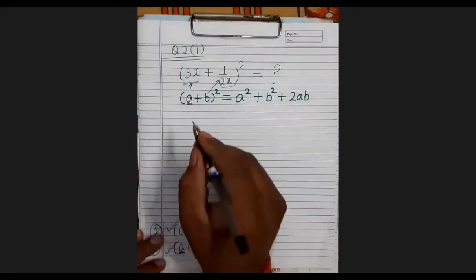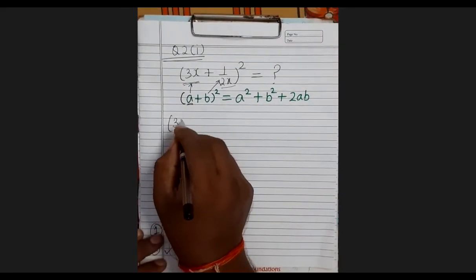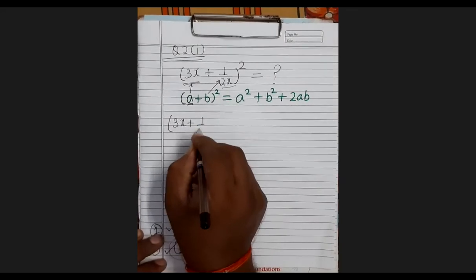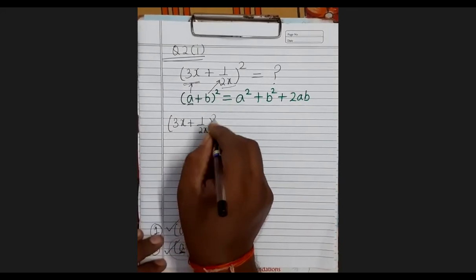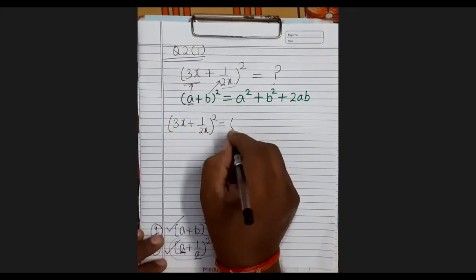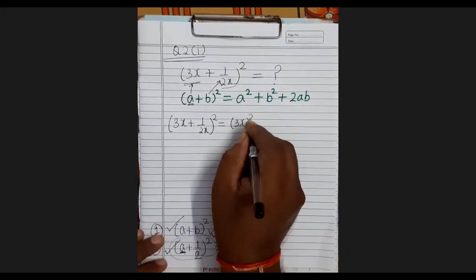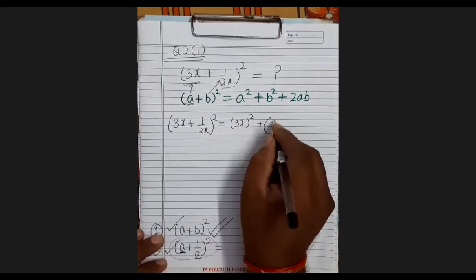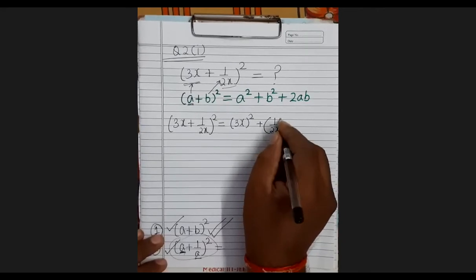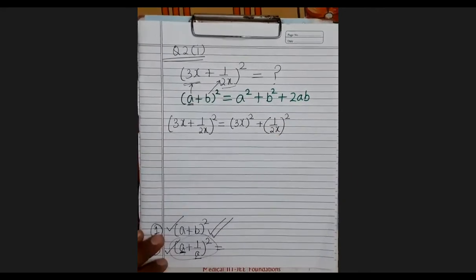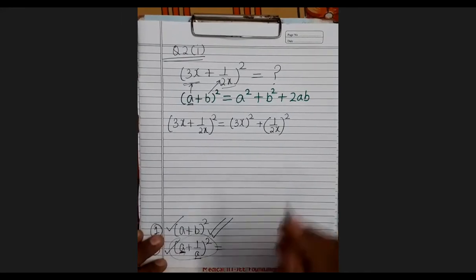So now you substitute here. You write down 3x plus 1 upon 2x whole square. So A square, that is 3x whole square, plus B square, that is 1 upon 2x whole square. You will write within the bracket.